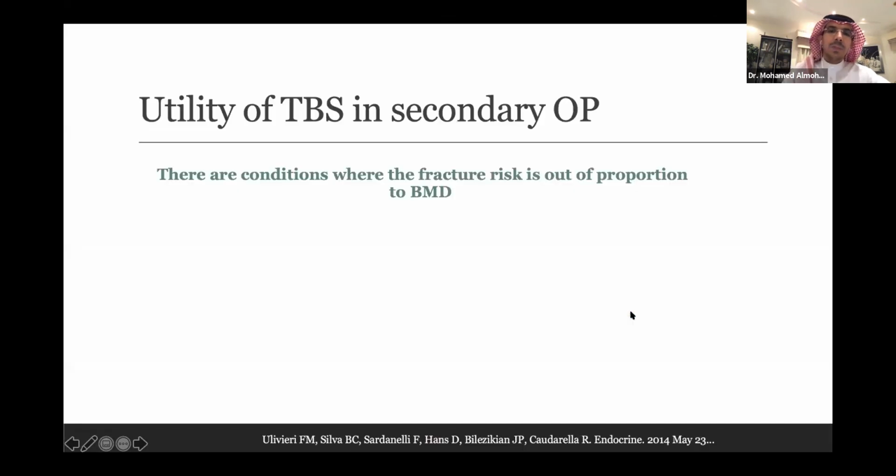So, what is the clinical utility of trabecular bone score in cases of secondary osteoporosis? There are certain conditions where the fracture risk is out of proportion to the BMD, where we have higher BMD values but those patients are still at higher risk for fracture.